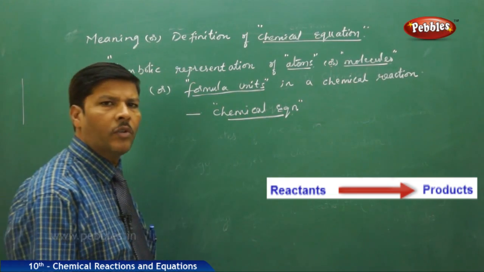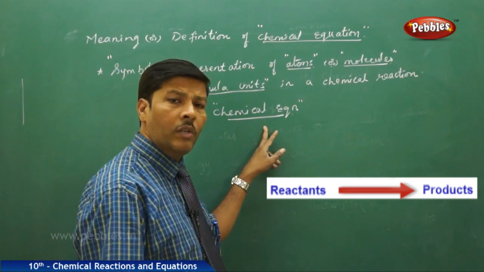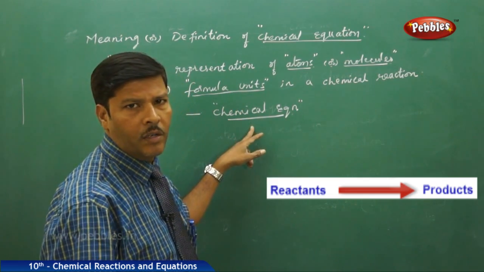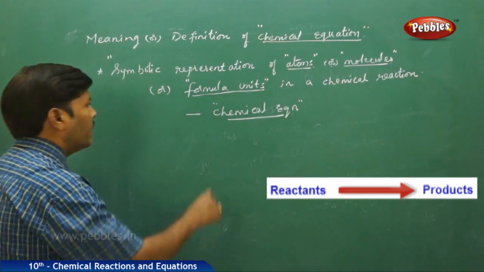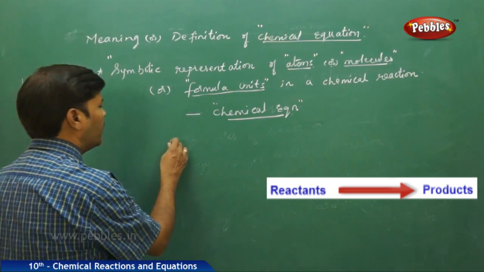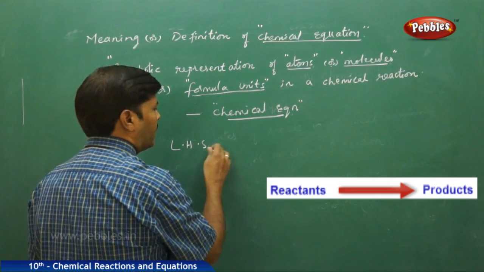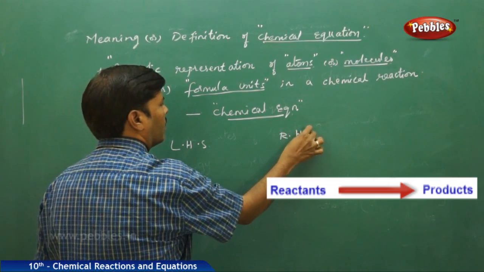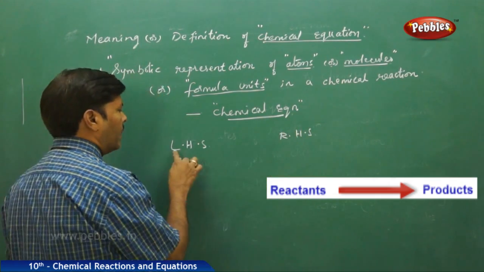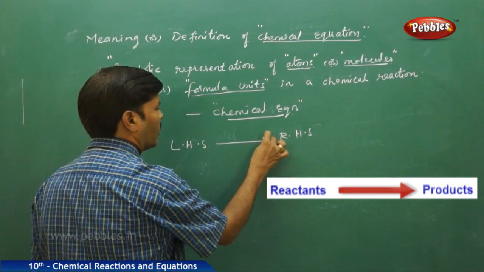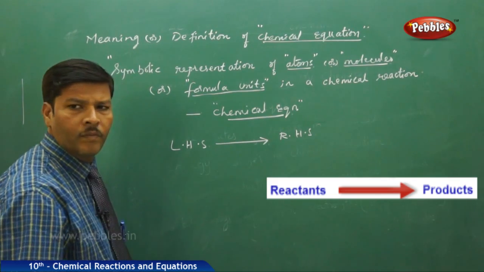Now, how do you illustrate the definition of this chemical equation? A chemical equation is basically made up of one LHS side and one RHS side. The LHS side and the RHS side of the chemical equation are separated through an arrow.